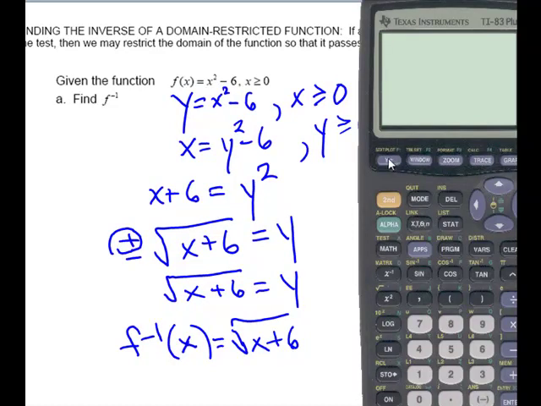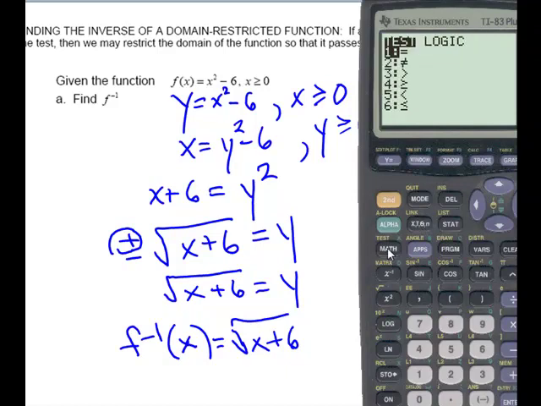And so we'll do y equals x squared minus 6, and we're putting a condition, so divided by and put it in parentheses, x, and then go under second math.